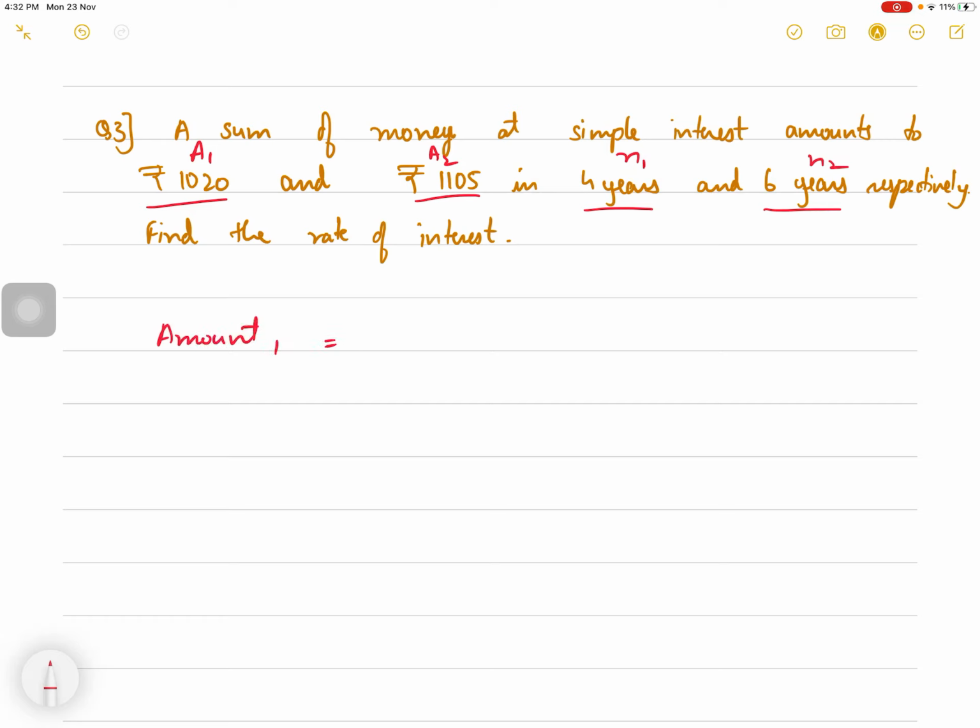Amount 1 is equal to 1020. N1 is equal to 4 years. Amount 2 is equal to 1105. N2 is equal to 6 years. And you are supposed to find R.